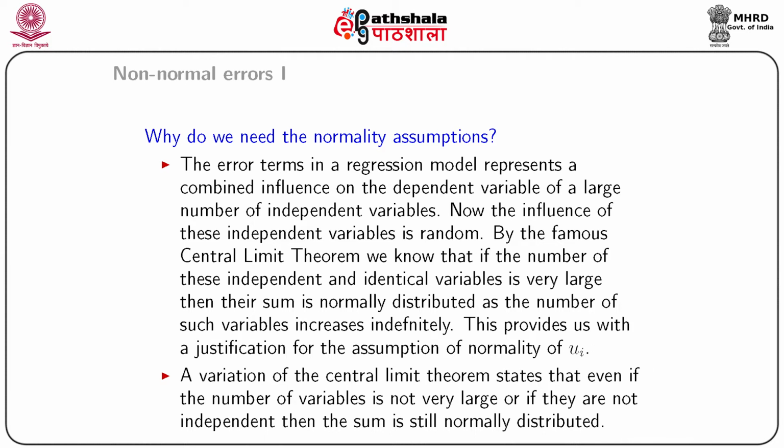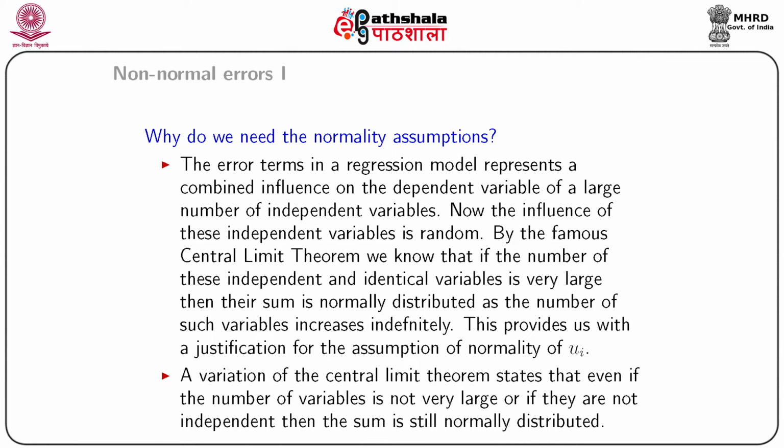Now, if we turn these terms around, we can write ut as yt minus beta naught minus beta 1 x1 minus beta 2 x2 minus beta p xp. So, the error term is nothing but the combined influence of the independent variables on the dependent variable y.